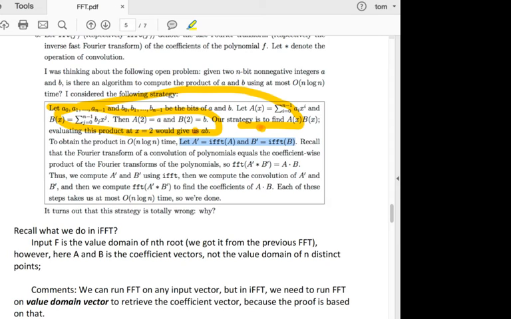Let's say what is a? A is the coefficient vector. B is also a coefficient vector, and it just puts the vector into inverse FFT.